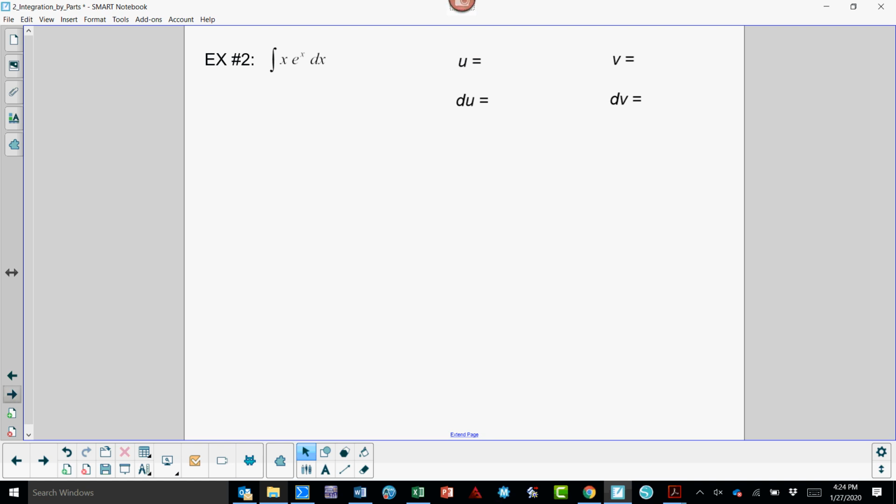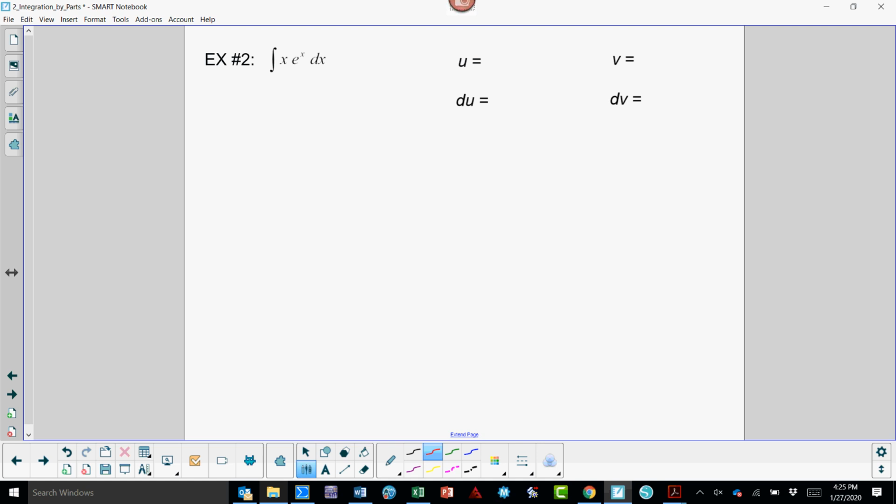So next thing we're going to try is we're going to say, okay, it's a product. So I don't have a product rule, but integration by parts might work. And so I'm going to let something be u and the other part's going to be dv. Normally, the thing that we pick for u, this is not set in stone, but we usually pick the thing for u that when you take the derivative is going to go away.